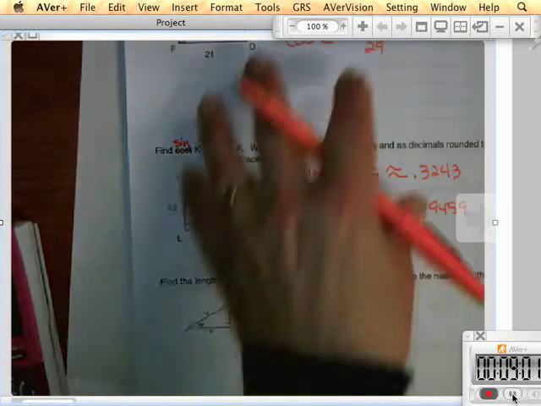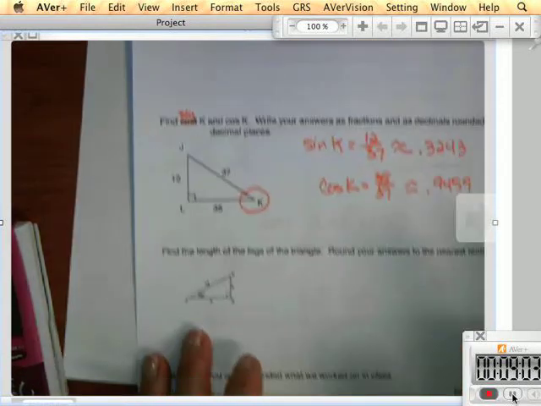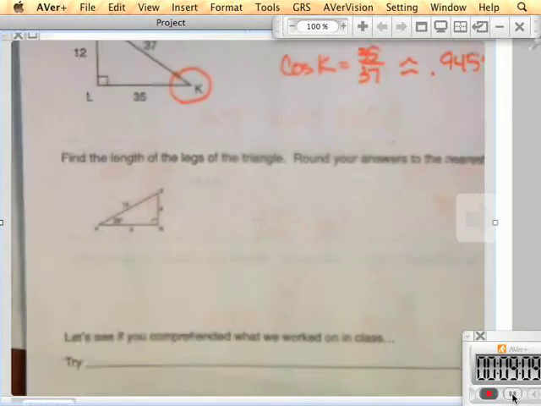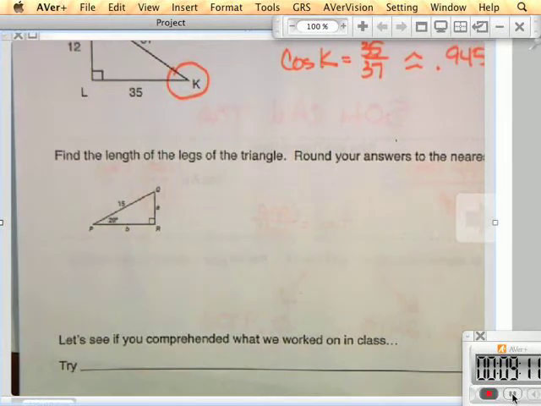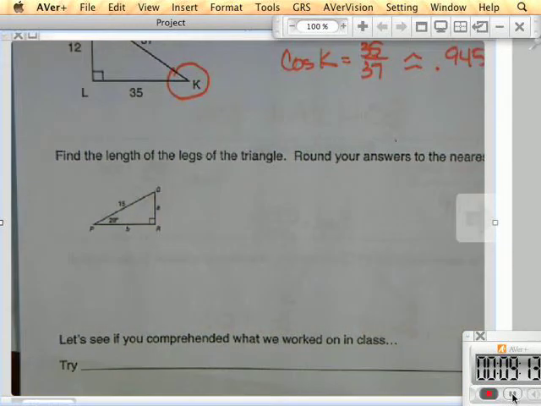So these aren't too bad. Then you're going to get to a set of problems where you kind of have to say, I know all 3 ratios, SOH, CAH, TOA. Which one do I have to use to solve this problem? That's where you're at now. So, in this problem, they gave you this angle, right? What side length did they give you? They gave you the hypotenuse.